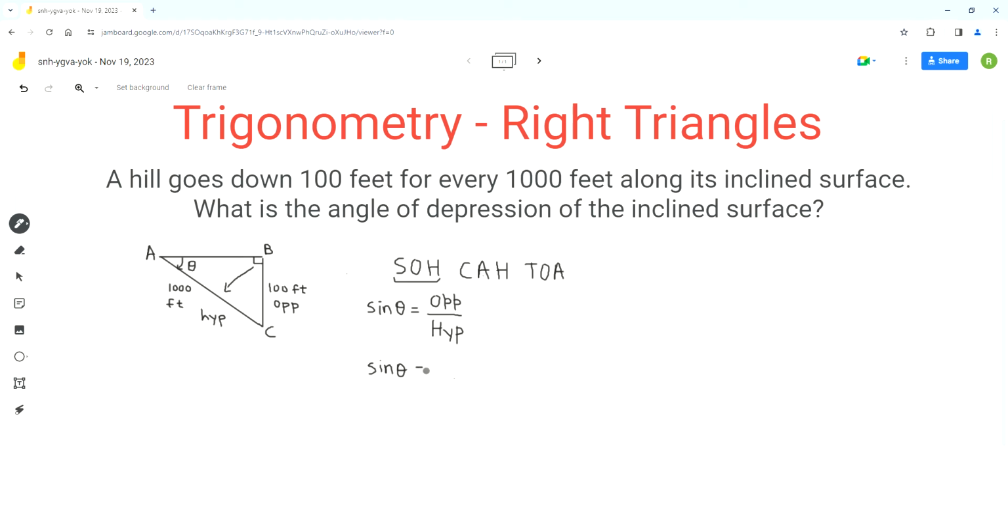The opposite side length is 100 and the hypotenuse side length is 1000. We know that 100 divided by 1000 is equal to 0.1.